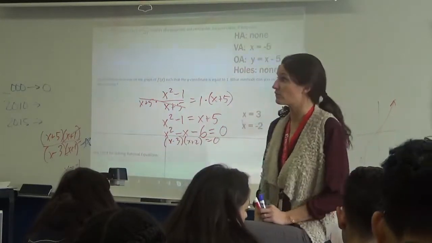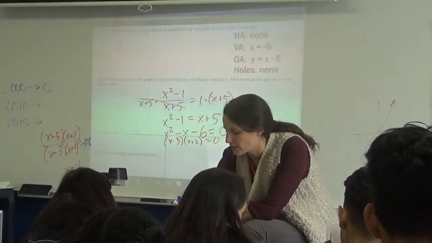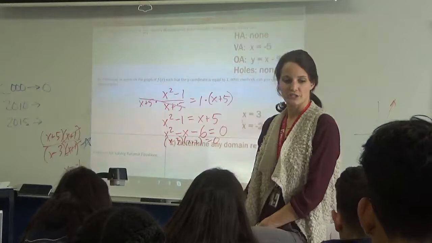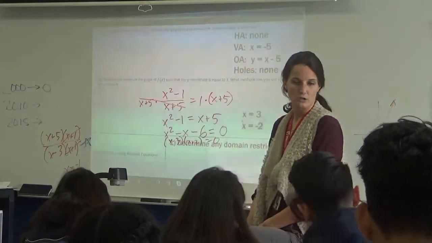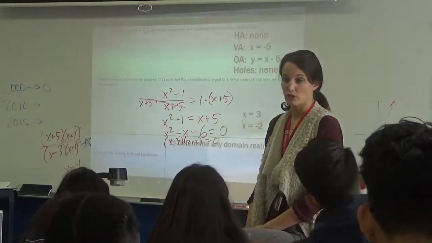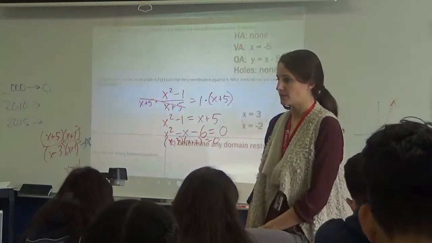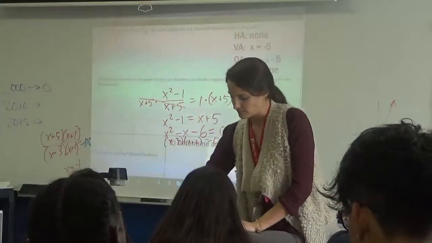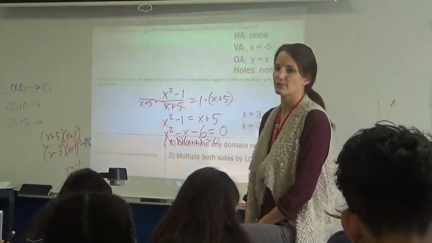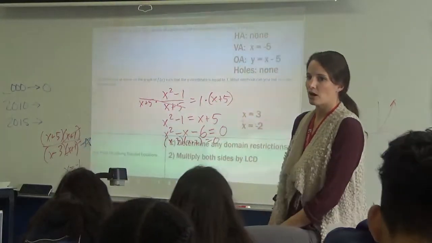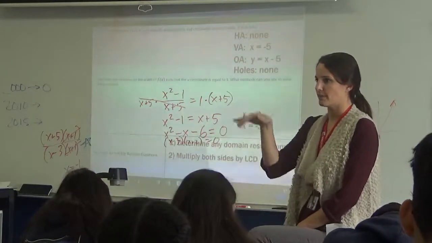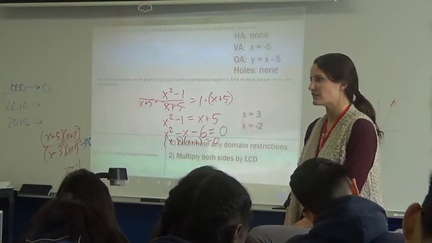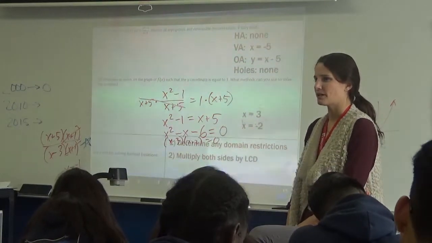Then we're going to get to just a few more complicated ones before we get out of here. First up, determine any domain restrictions like I just talked about, so that when you are solving, you make sure that you don't solve for something that's not in our domain. Our key idea from today is that when I have a denominator, I've got to multiply both sides by an LCD, my least common denominator.